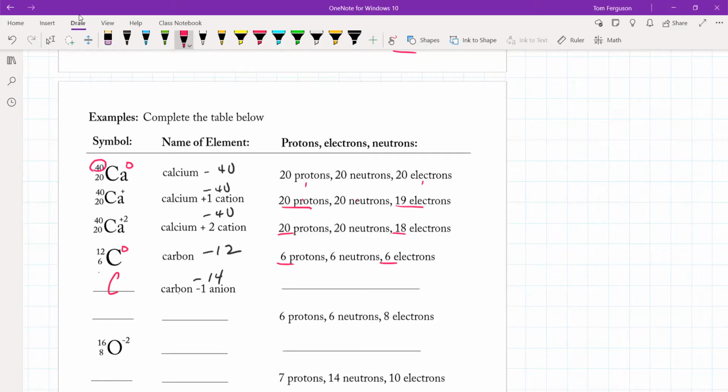Carbon-14 means we have 14 up here, 6 protons, and 8 neutrons, because 6 and 8 is 14. Because we have a -1 anion, we have 1 extra electron, which makes 7 electrons. We have 6 protons, 8 neutrons, 7 electrons.